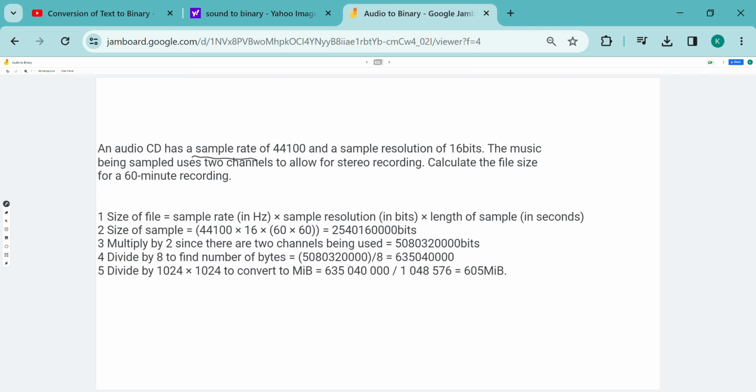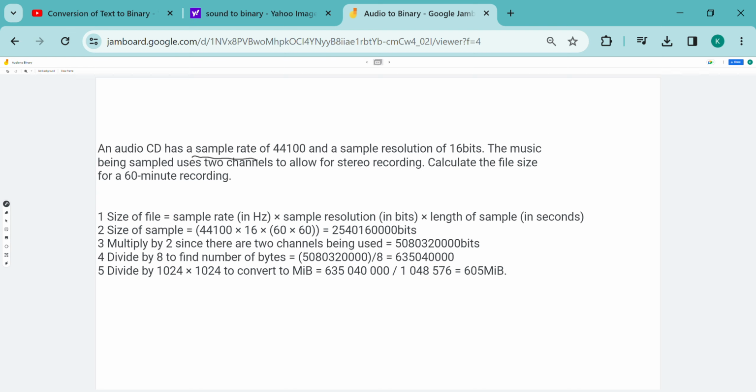The music being sampled uses two channels to allow for stereo recording. So you will get the idea: when we are recording the sample from two channels, we are multiplying the values by 2. For one channel, it's very simple, we are directly calculating the value, and for two channels we are multiplying it by 2.